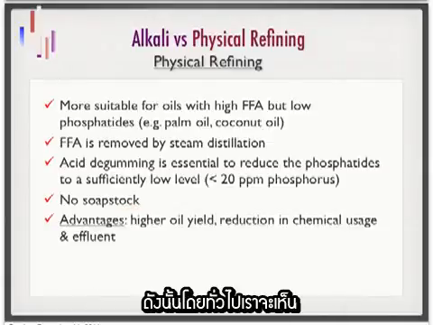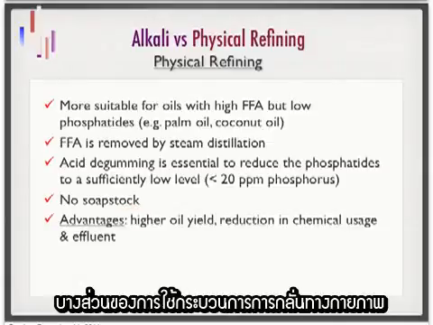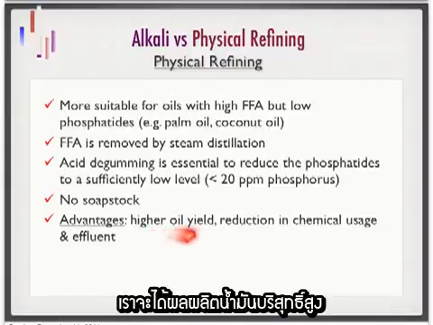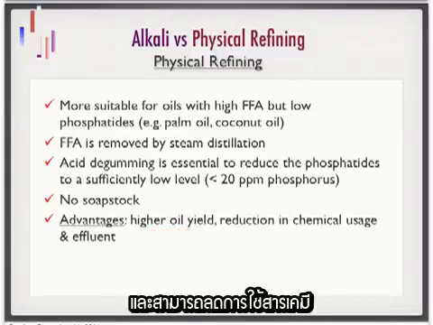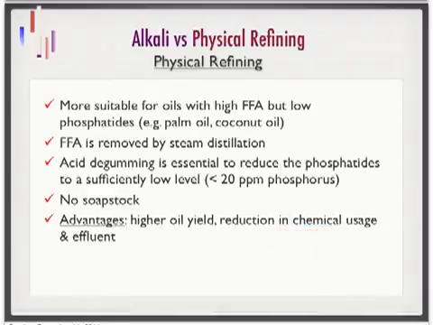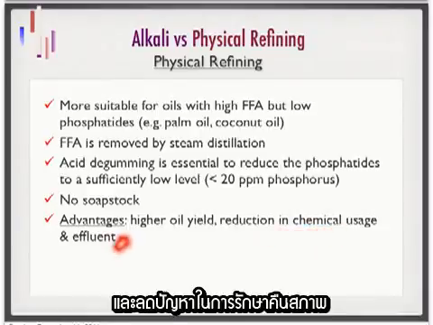So in general, we can say some of the advantages of physical refining: we can get a higher oil yield, a reduction in chemical usage, and also less problem with waste treatment.